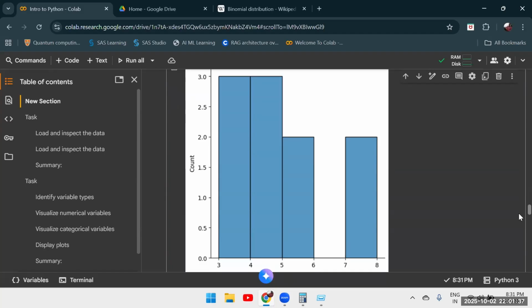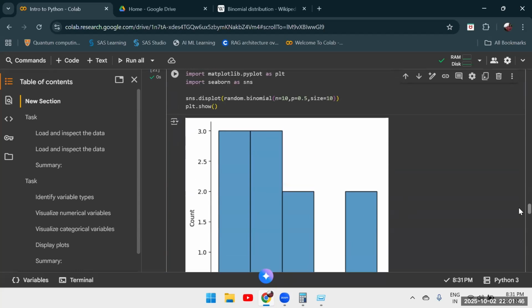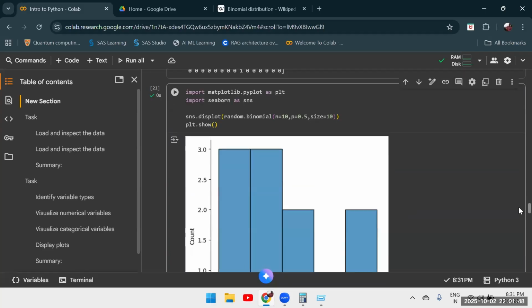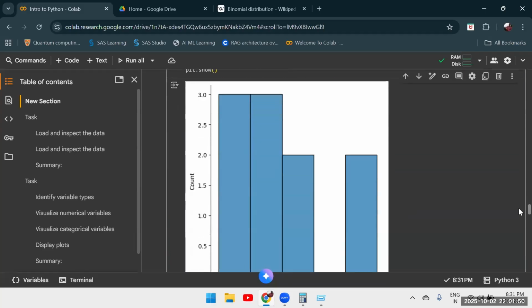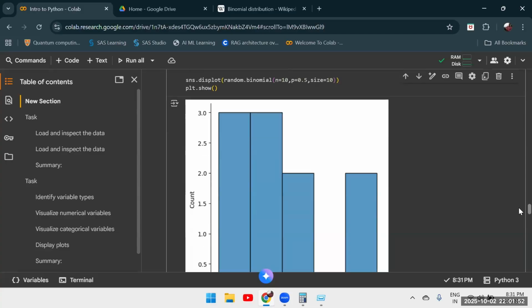At least 4 out of 10 times I'm able to get a positive outcome is what my coin toss is saying.